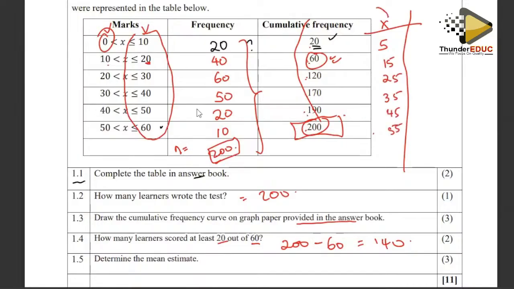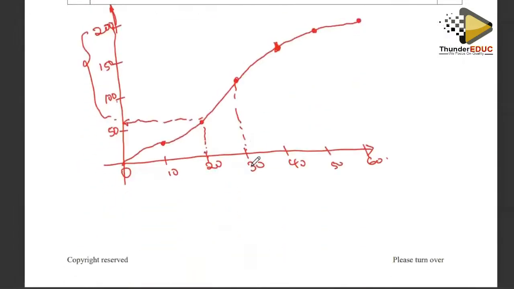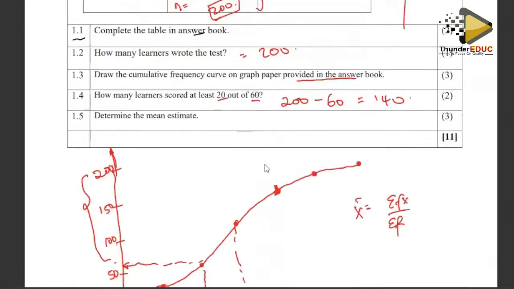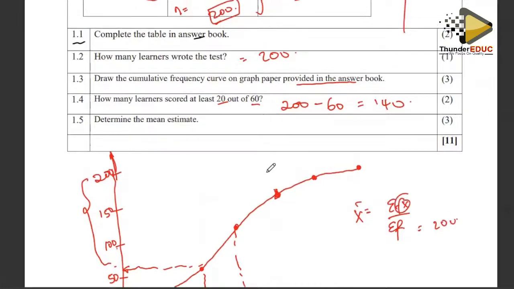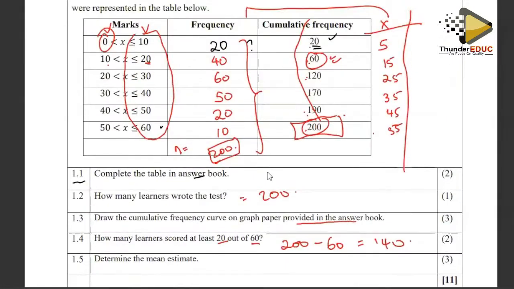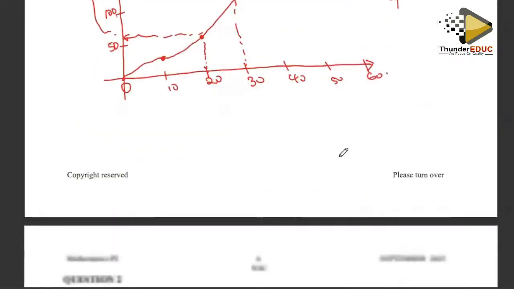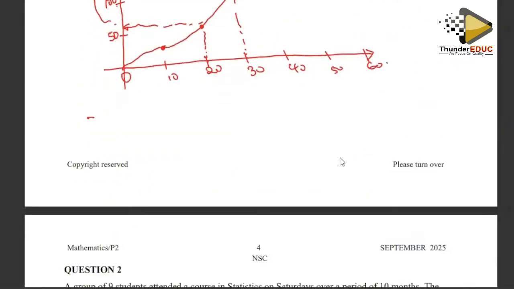Then this is multiplied by the frequency, okay? Because we know that the estimated mean will be given as the summation of fx over the summation of f, whereby we know that our summation of f is already 200. So the fx is what we need to add up. If I get those midpoints together with the frequencies, remember the first one is a 5 multiplied by 20.